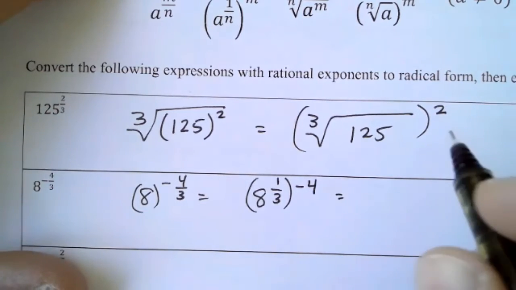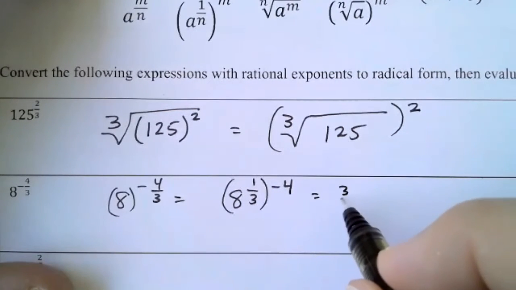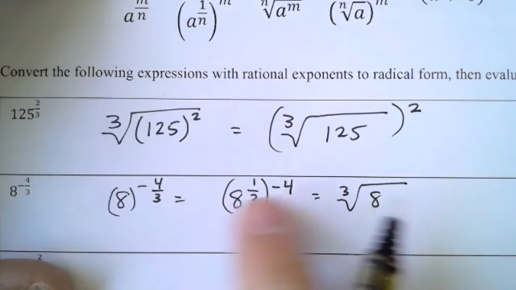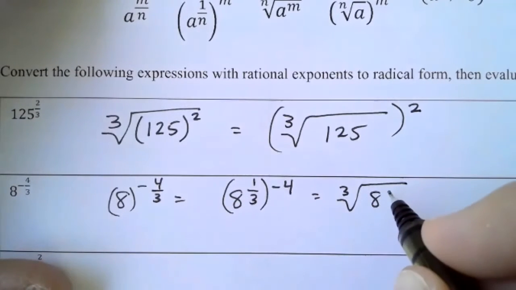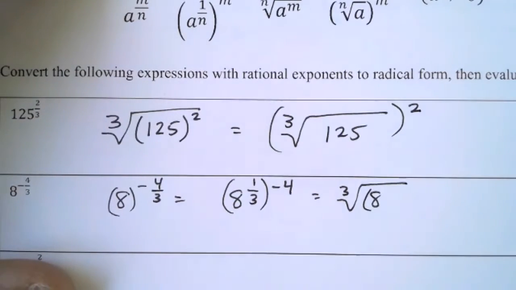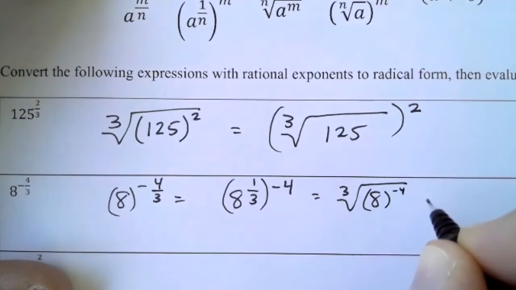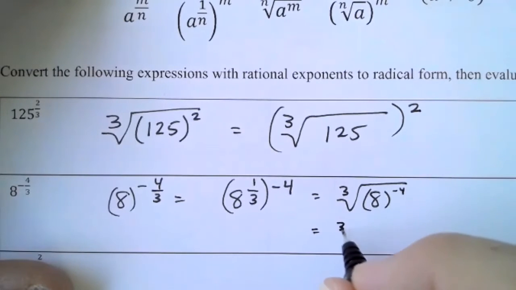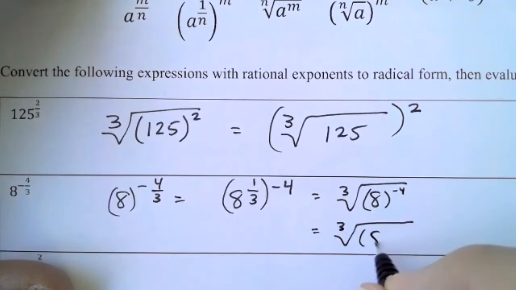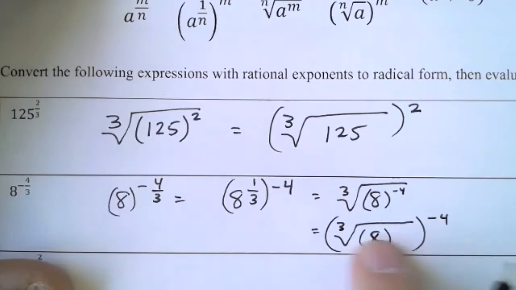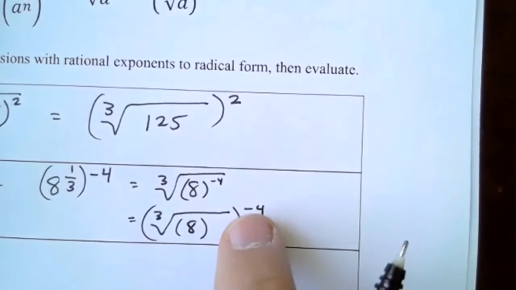So in this situation, we have a cube root of 8. That's what this means, the cube root of 8, all raised to the negative 4. You could write it in two ways, like this or like this. I think it's better in this situation to write it like this, because now we can see we're going to have to use a reciprocal concept.